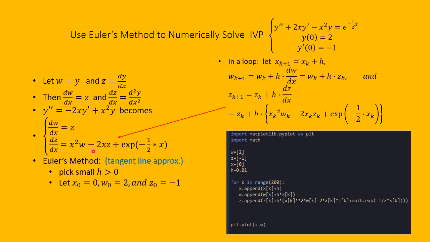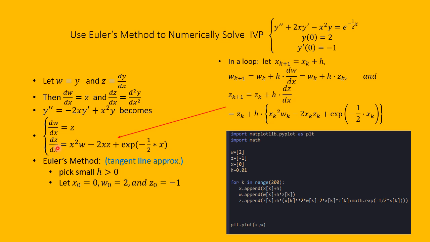And then minus 2x dy dx, and that's this one taken to the other side, minus 2x, the derivative of y with respect to x, plus the exponential of minus 1/2 x, which is right here. So we see that this equation is first order, but it's first order because this z here was the derivative of something, and so this derivative of z with respect to x is the same as the second derivative of y with respect to x.